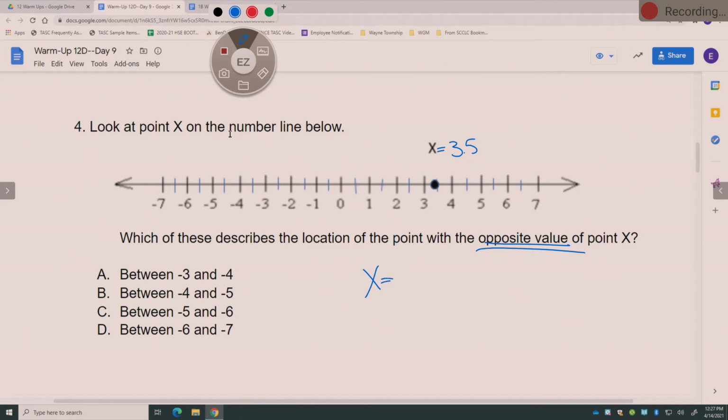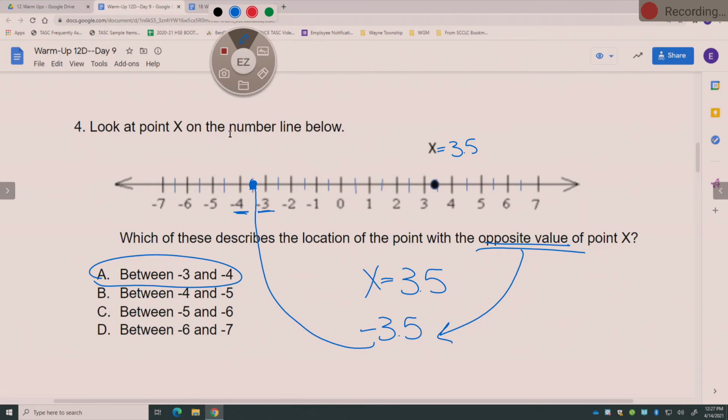Well, if X is 3.5, the opposite value of X would be negative 3.5. So negative 3.5 is going to be up here between negative 3 and negative 4.